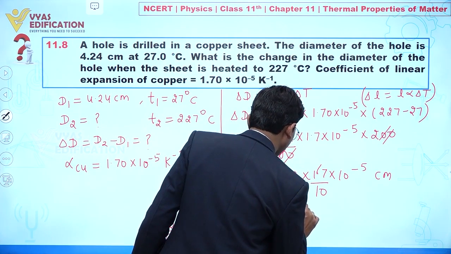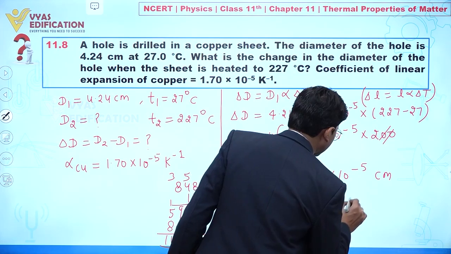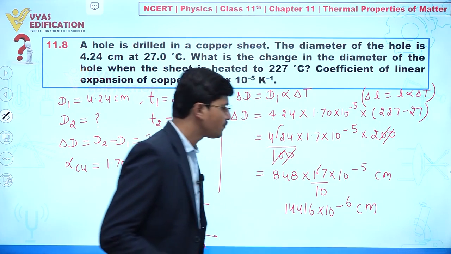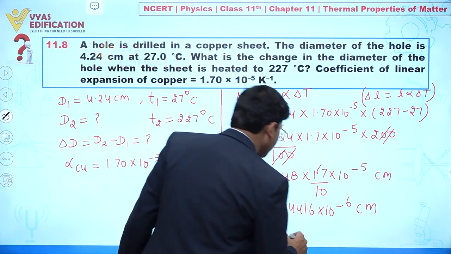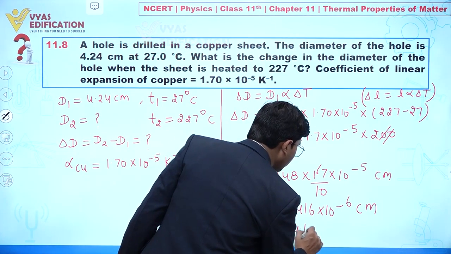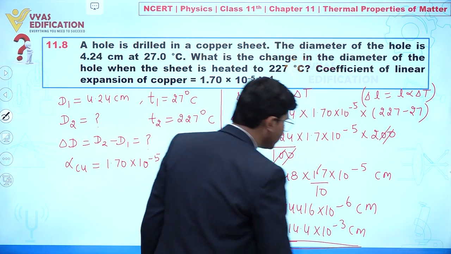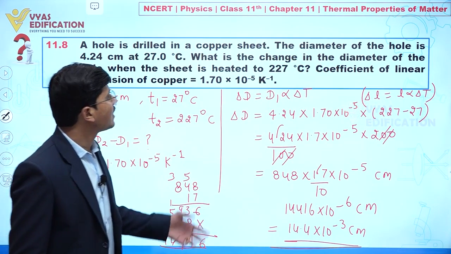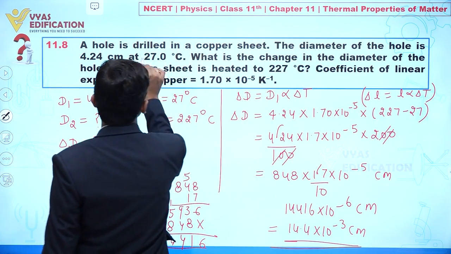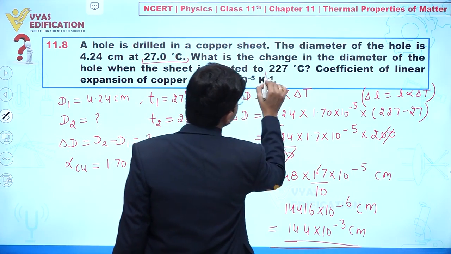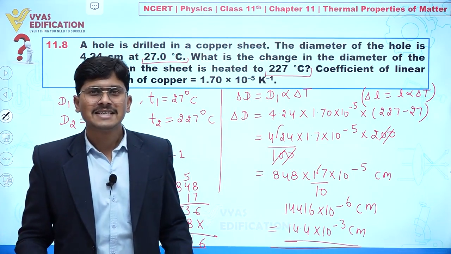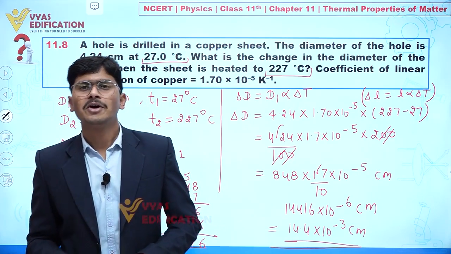So we get 144.16 into 10 to the power minus 6 centimeter, or you can write this as 14.4 into 10 to the power minus 3 centimeter. This is the change in diameter when temperature changes from 27 degrees Celsius to 227 degrees Celsius. So this is all about this question.